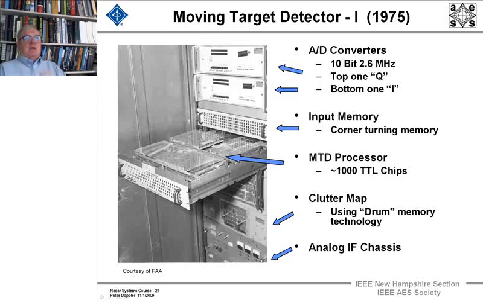It's called the corner turning memory. And here is the MTD processor. It's about 1,000 TTL integrated circuit chips, which were the off-the-shelf good chips at the time. You could go buy them. And above you see a couple of layers. This is what you call software modifications done in hardware.